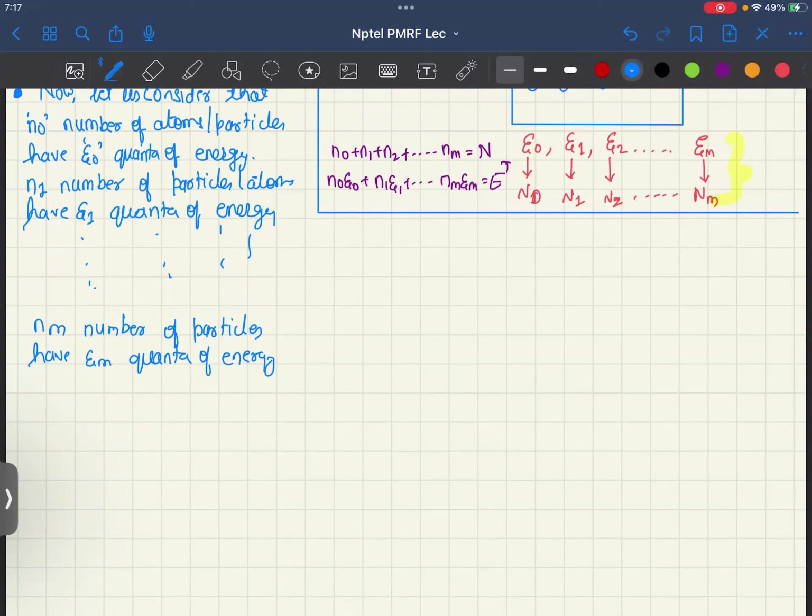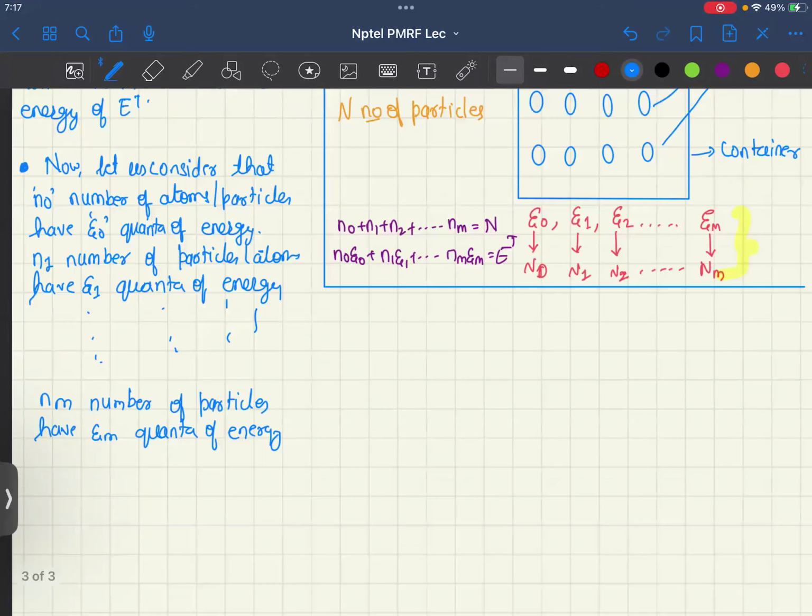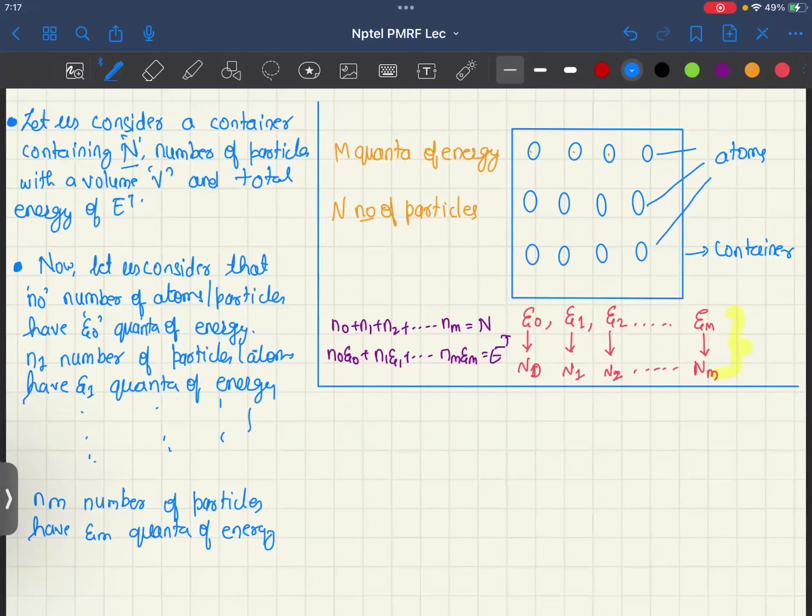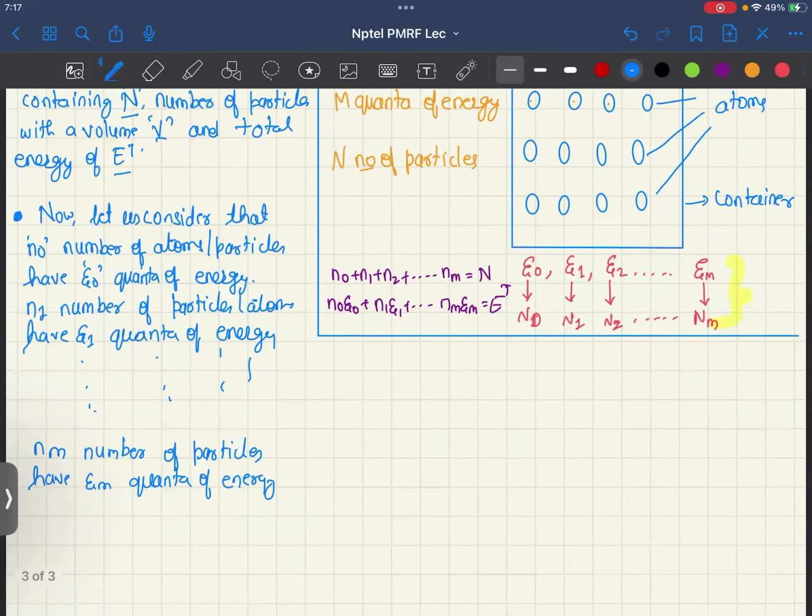So as we clearly said initially that N, V and T are constant, right?